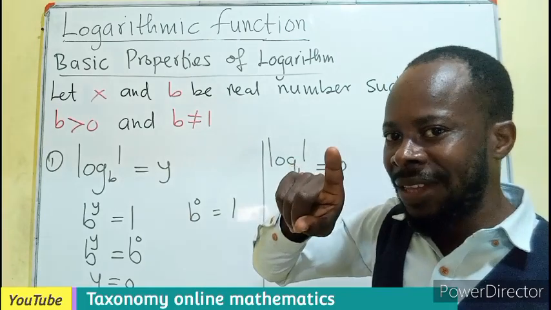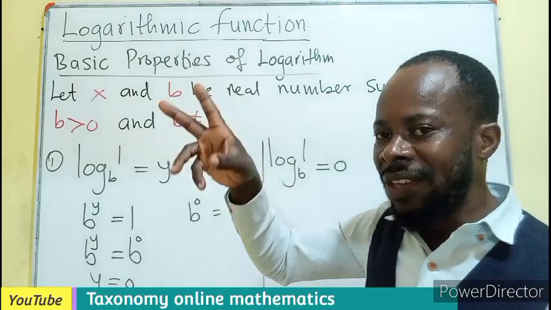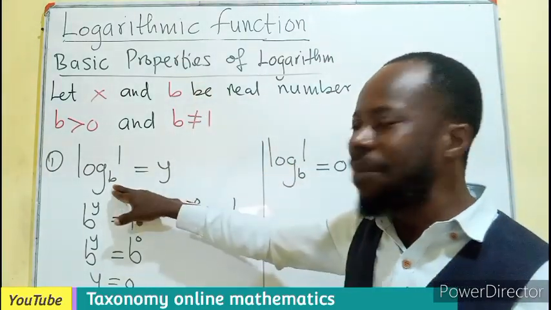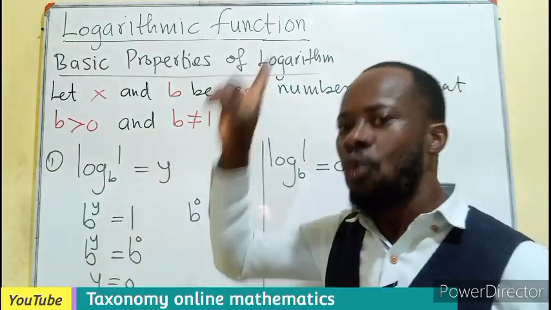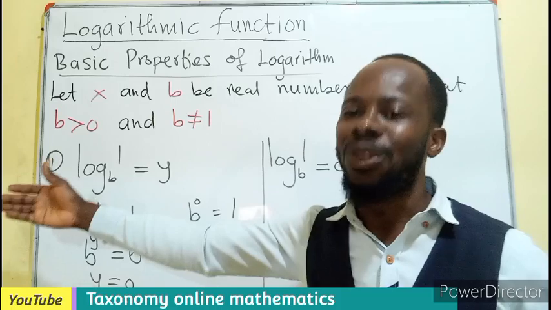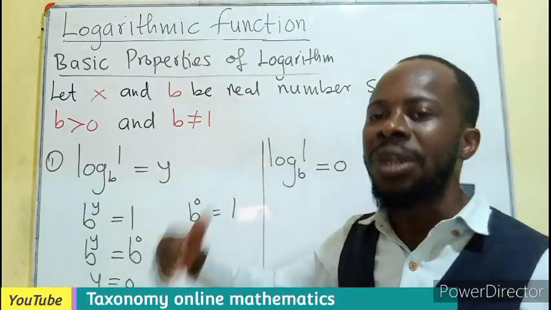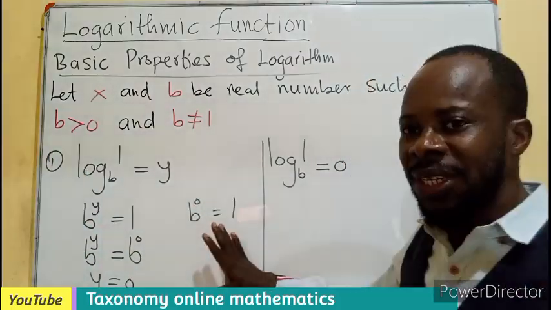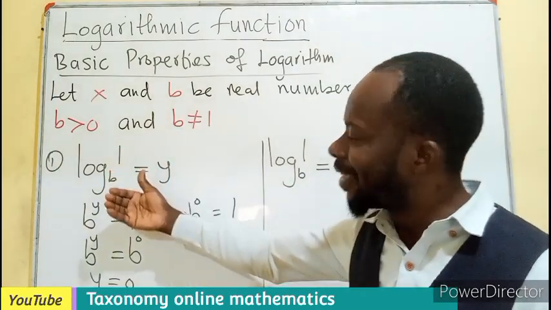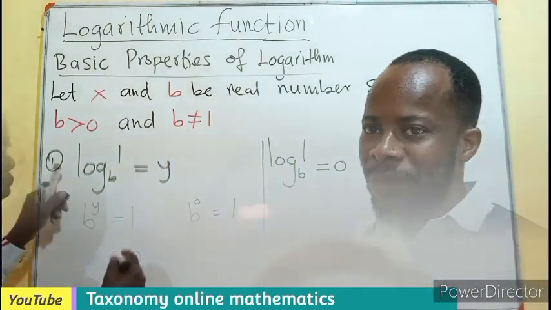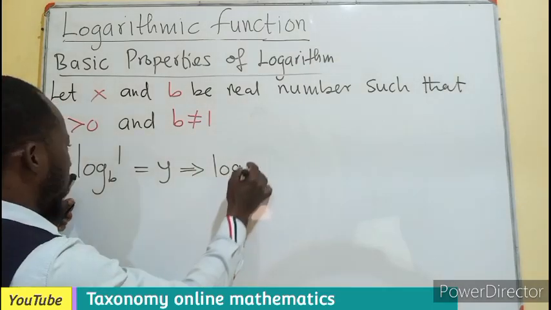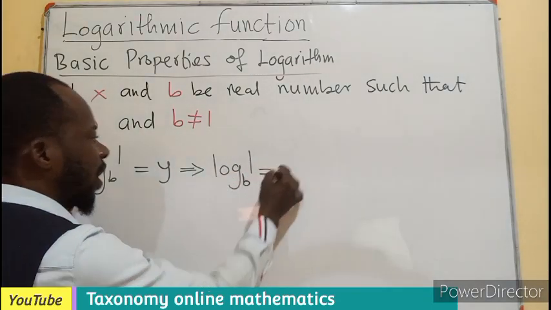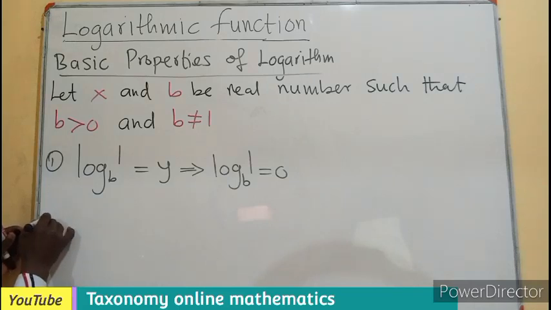So your mind is thinking 2, 10, 20, 100, all those numbers that could be a base. If I have a logarithm of 1 to any base at all, I am going to get 0. From this explanation, migration from indices into logarithm, we know this could also be written as log 1 base b equals 0. So let's get that. Then let's have the second one.